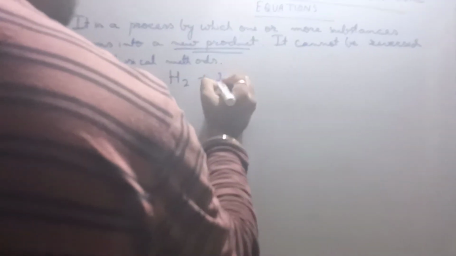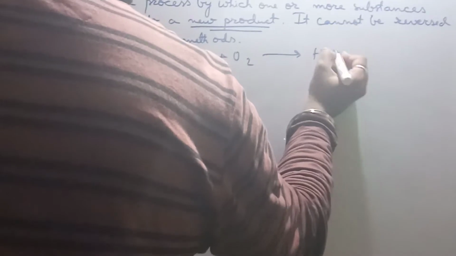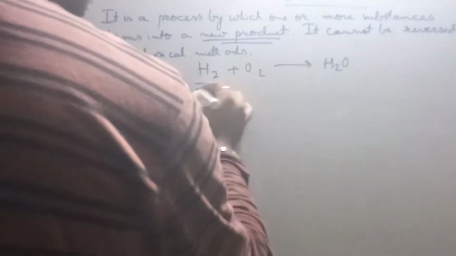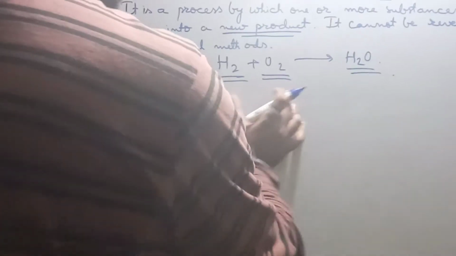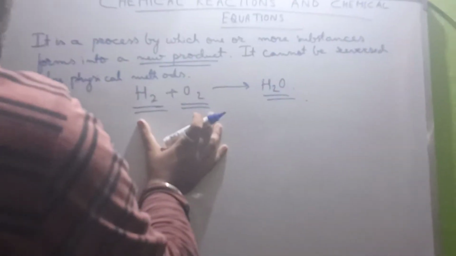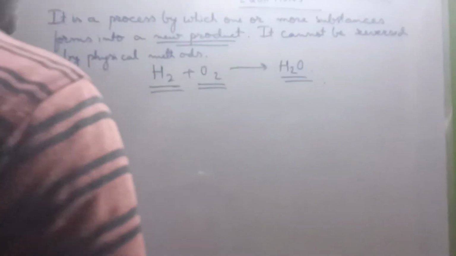The easiest example is H2 plus O2 gives H2O. We are hearing this since our childhood. H2 here is a gas, O2 is a gas, and H2O is a liquid. So when these two substances are combined, we get a substance which is different from these two. And it is also said it cannot be reversed by physical methods.